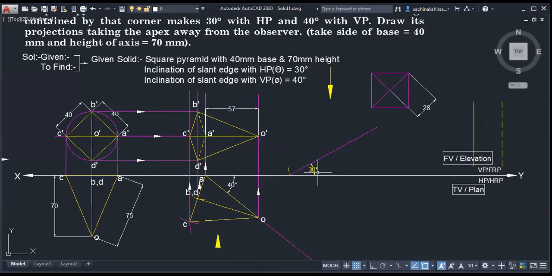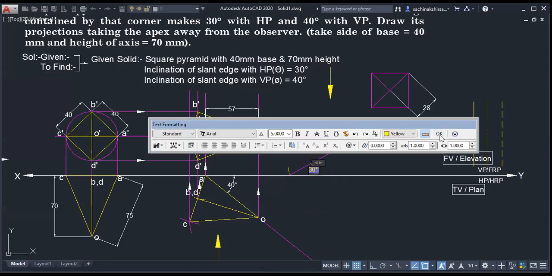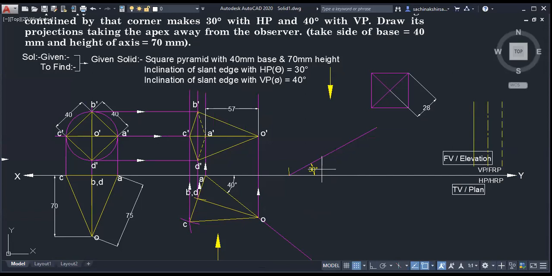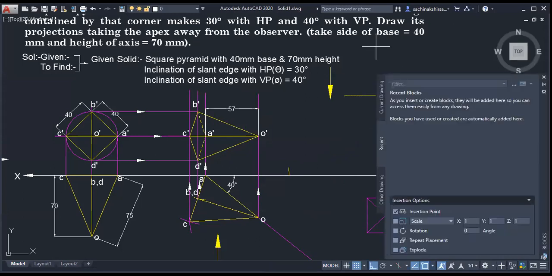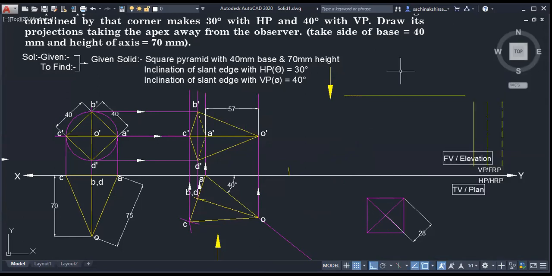So what is our procedure? Randomly you can draw one horizontal line. As I told earlier, first you have to draw the true length and true inclination.